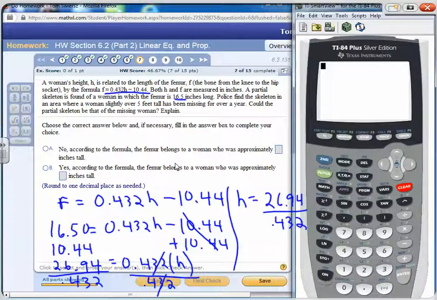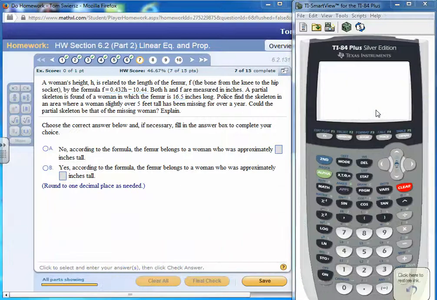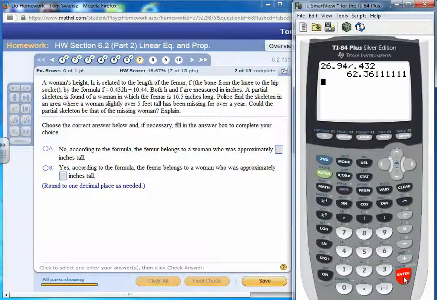Okay, so we'll go ahead and do that on our calculator since it's messy decimals. 26.94 divided by 0.432, and we get 62.36.